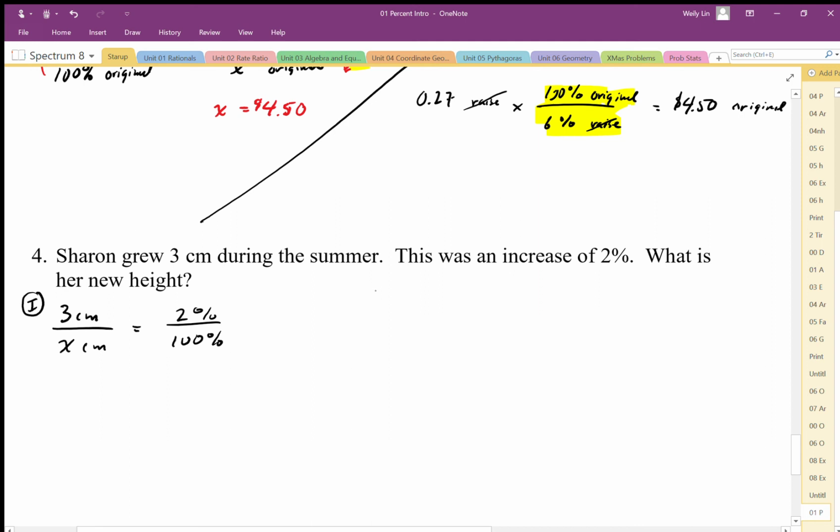Now, my question would be, if this is my 2% to 100%, I'm going to do this, 3 centimeters to x centimeters, and I'm going to do 2% because the 3 centimeters should go with the 2%, but I want to find out the total height, the new height. So this is new height.